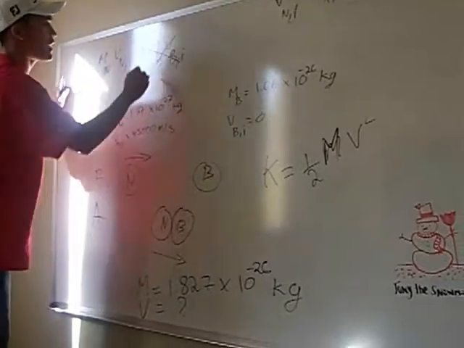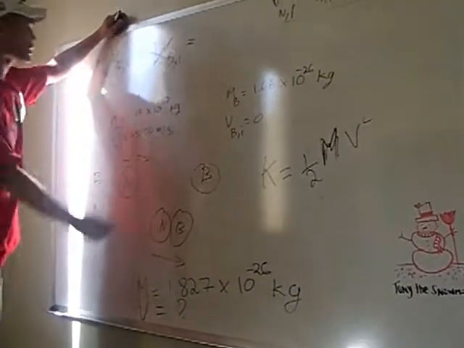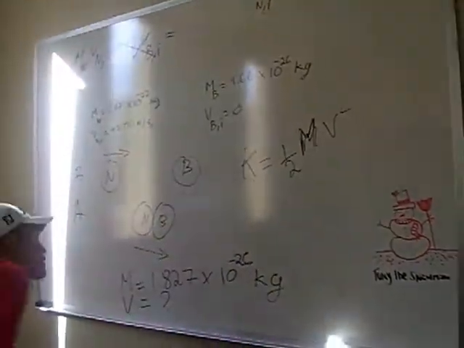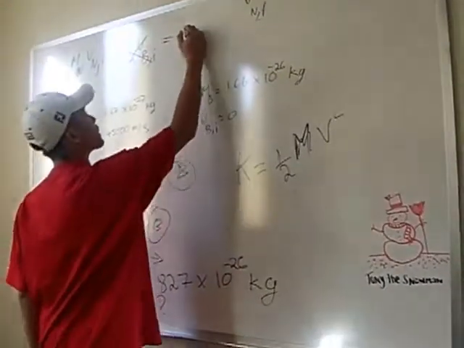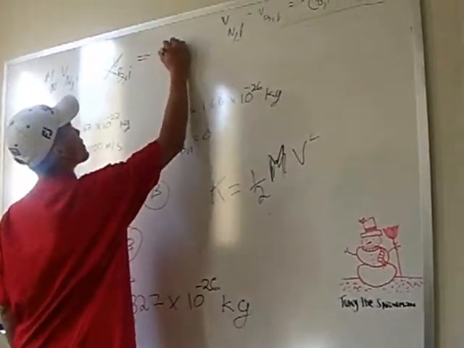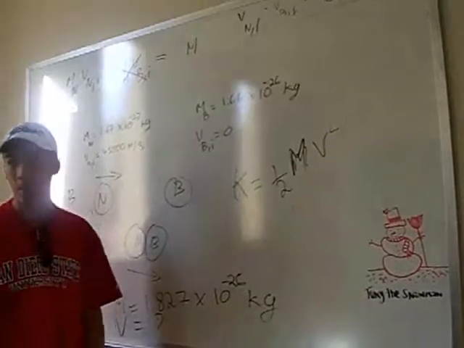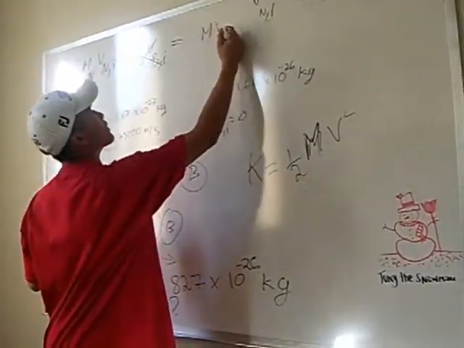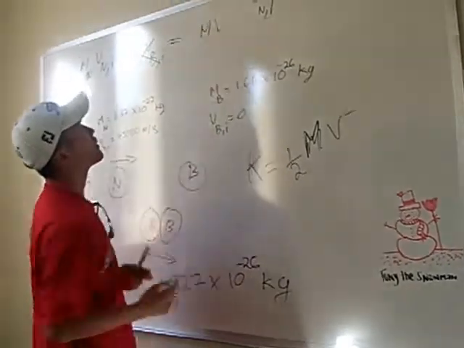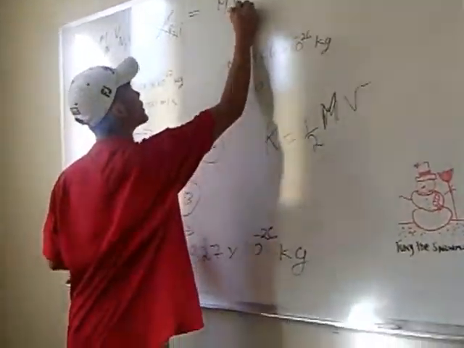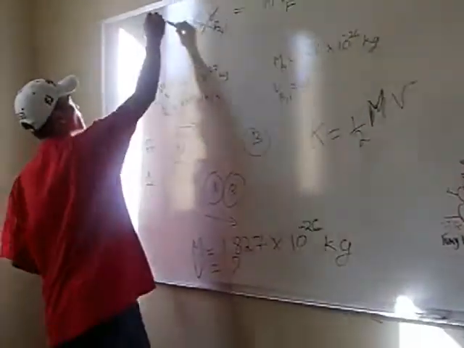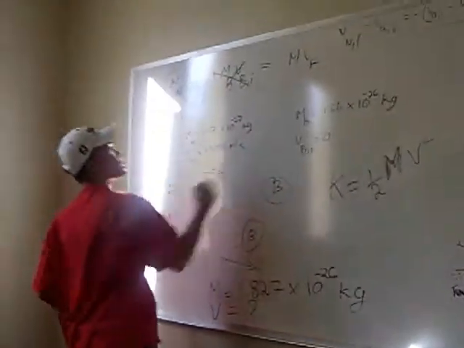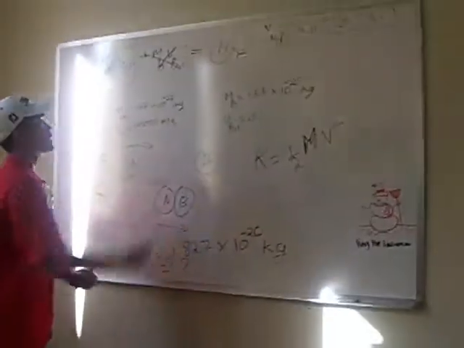That equals the final momentum, which is the big M, since it's completely inelastic, times the big V final.